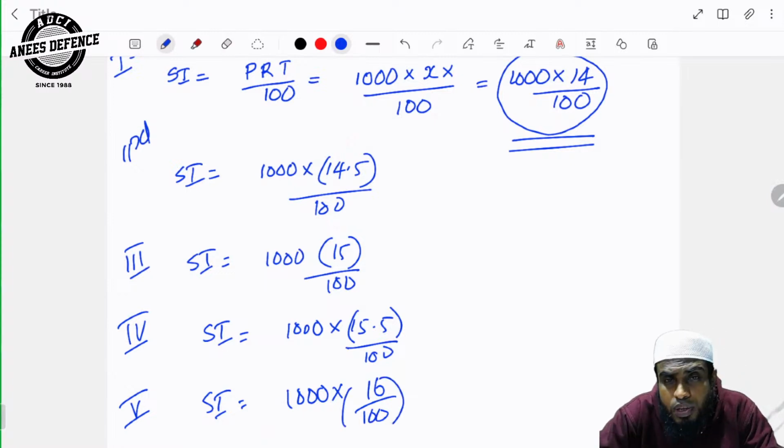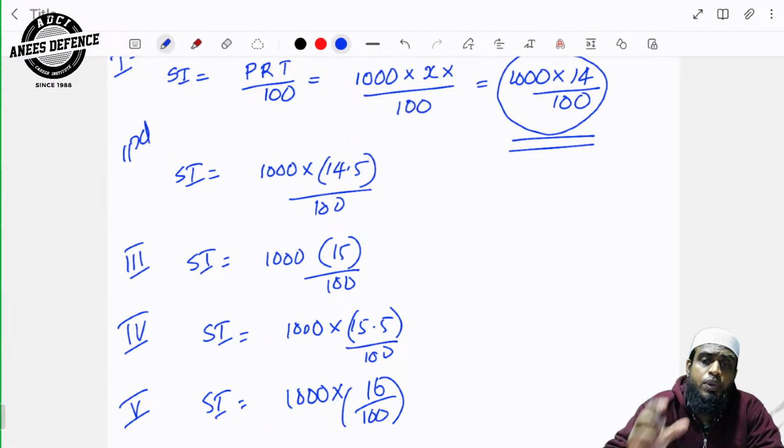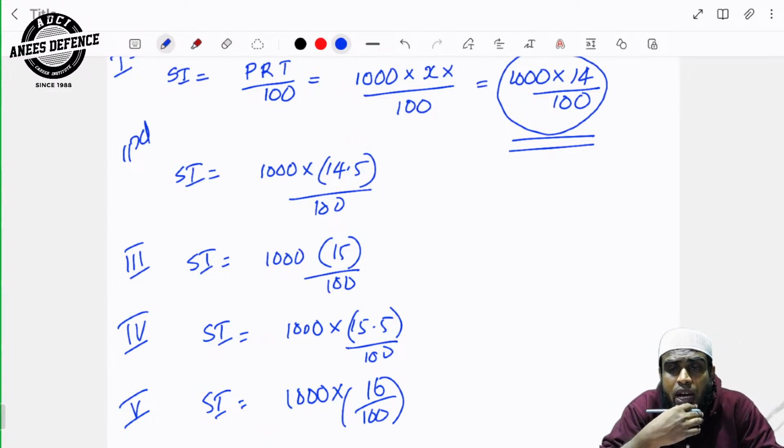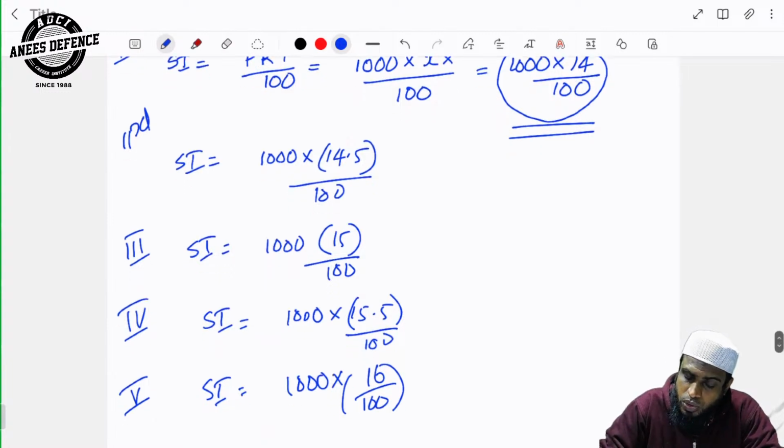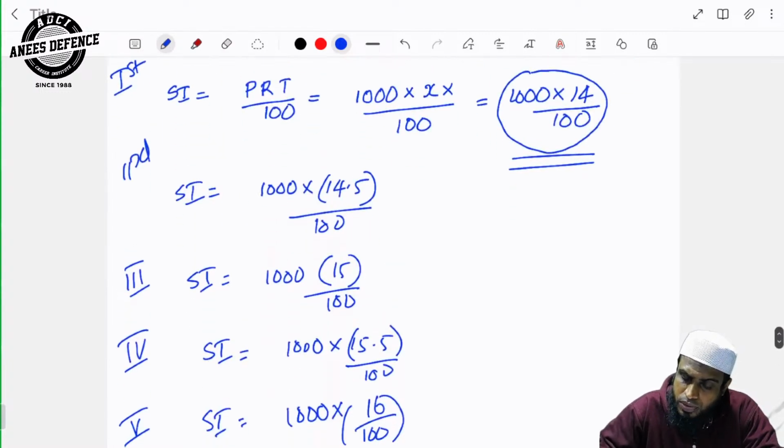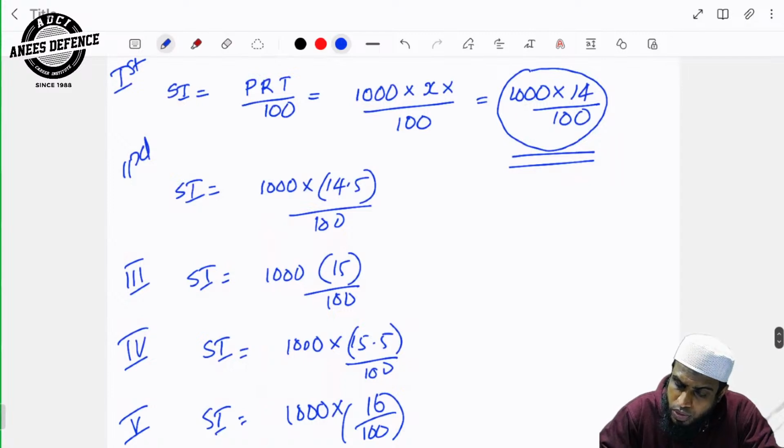We are calculating only based on simple interest. So whatever amount we invested initially, the percentage of interest will be calculated only for that principal amount. So for the total interest, you can add all of this. In all the cases, 1000 by 100 is common.